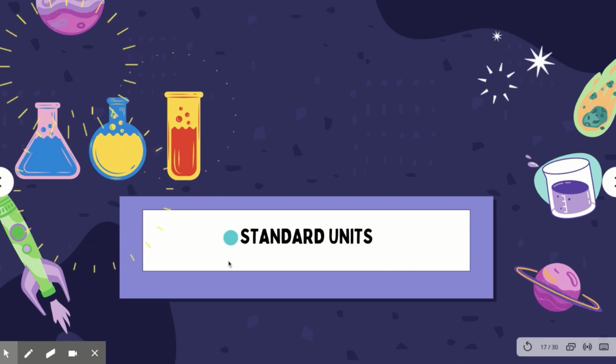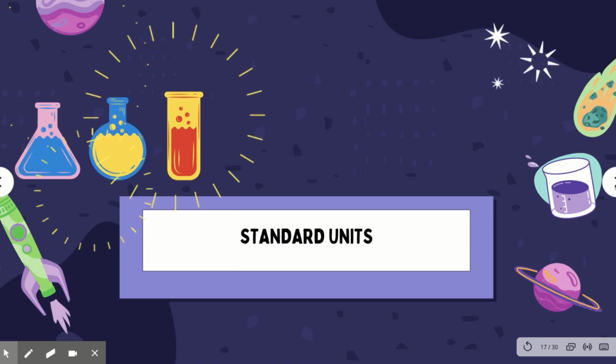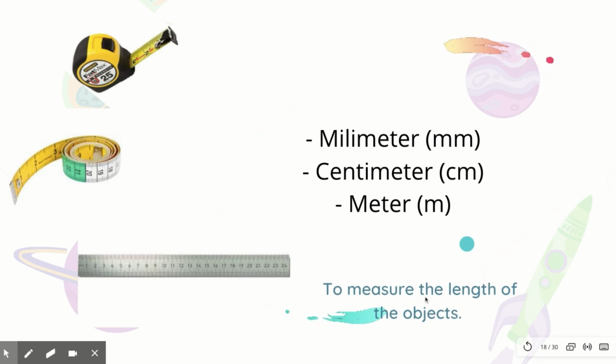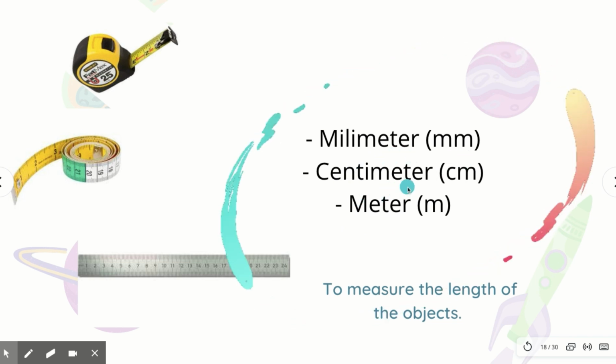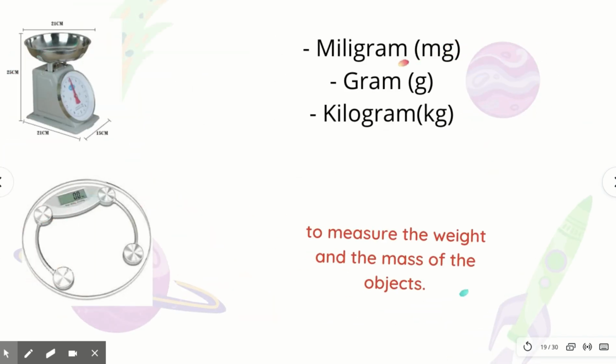Now we're going to learn about standard units. What are the standard units that we're going to use? To measure the length of an object, for example, we use the measuring tape or ruler. We use millimeter, centimeter, or meter: mm, cm, m.